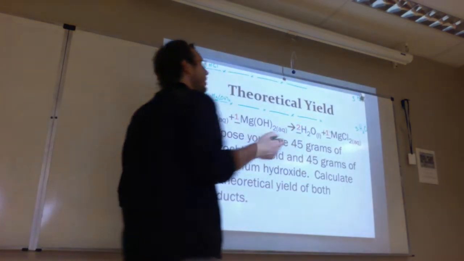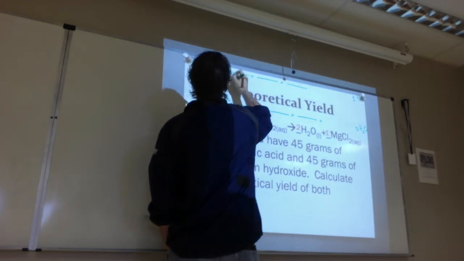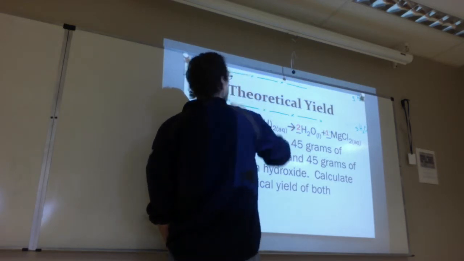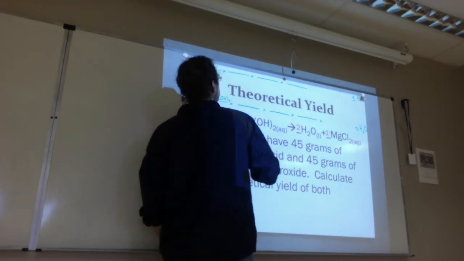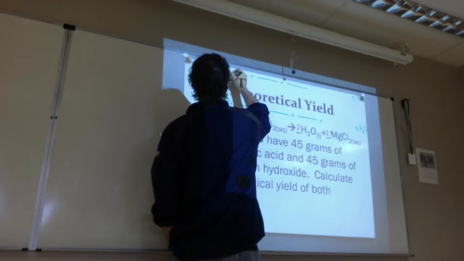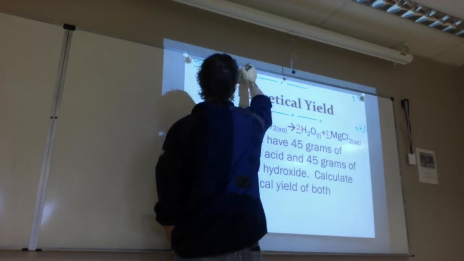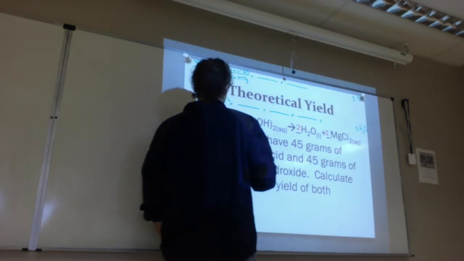Run me through your work real quick. Okay, so you have 1.2 moles of... What was your molar mass for HCl? I just put it in my calculator. I got a 1.2. Alright.